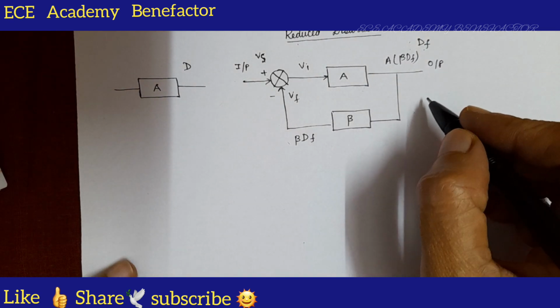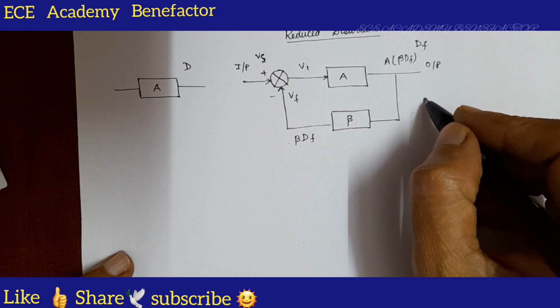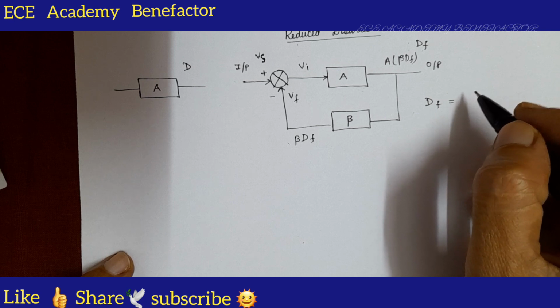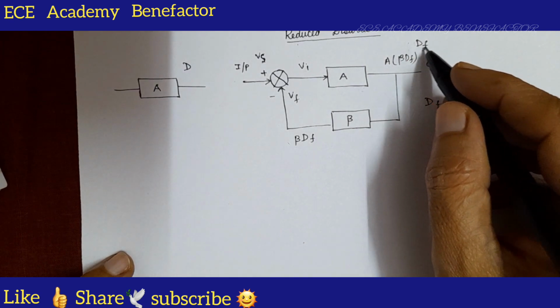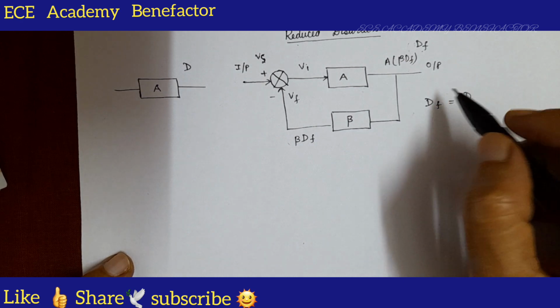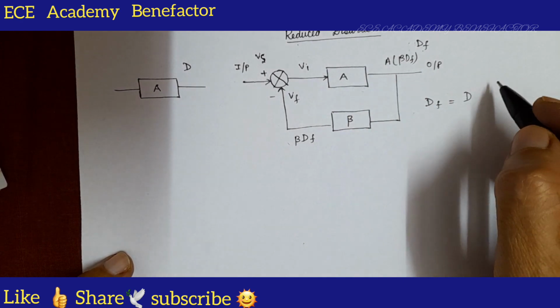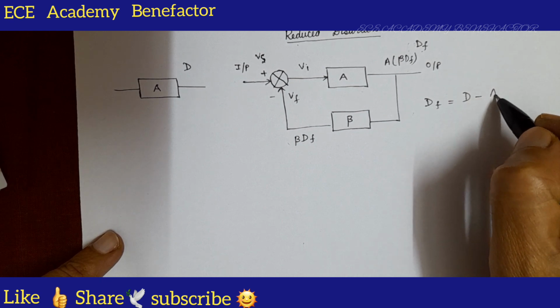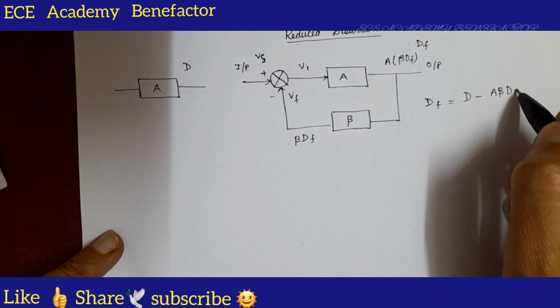So what will be the output now? Df will be equal to capital D, that is the original distortion without feedback, minus A beta times Df.